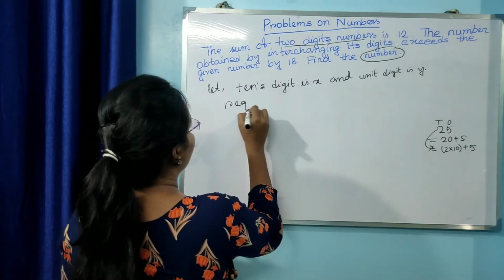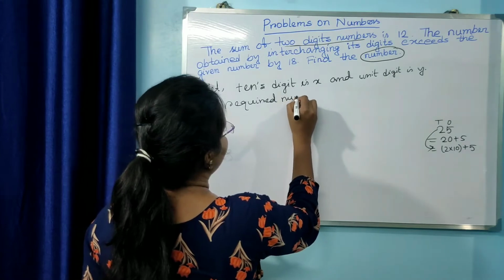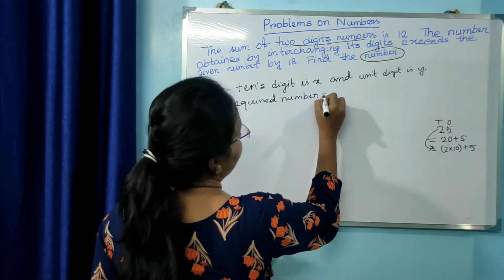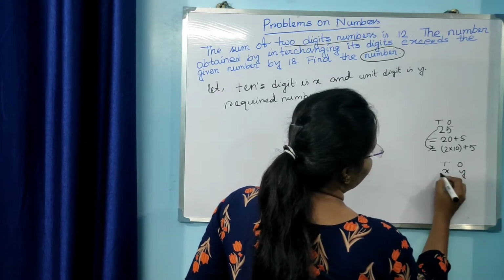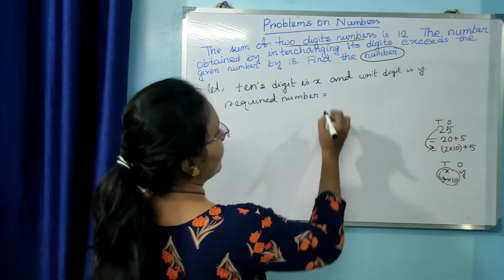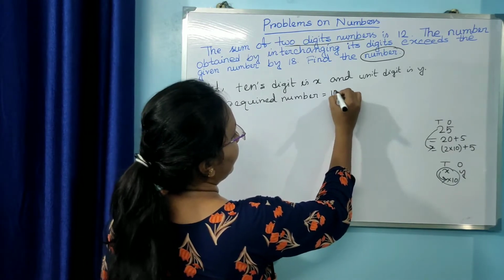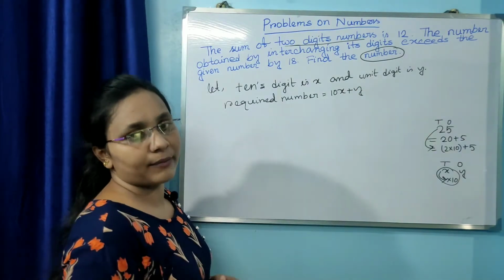So the required number, if you write it as xy, will be x into 10 plus y. So the number will be 10x plus y. This is the main criterion of this type of math.